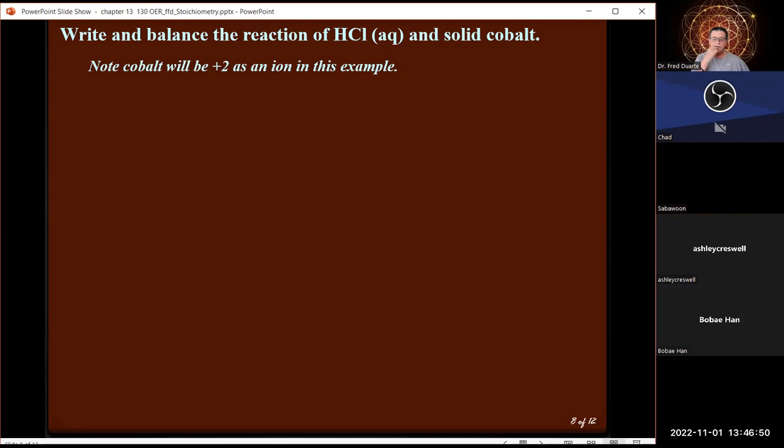So let's first write down this reaction. So we have cobalt solid plus HCl. Now, can anybody tell me what type of reaction this is?